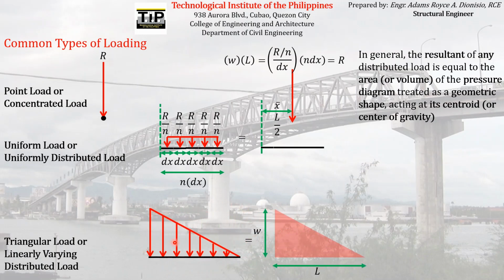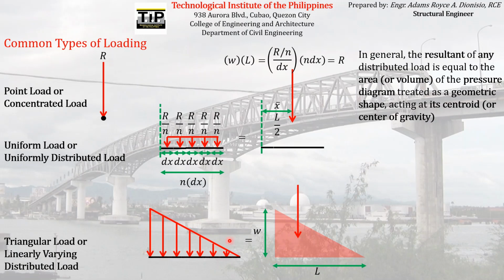So, instead of treating it as pressure diagram composed of several forces, treat na lang natin siya as a geometric shape. Now, nabuo nating concept is yung resultant daw nito equal lang dito sa area nito. Yung nabuo natin na geometric shape. And this geometric shape na nabuo natin is just a triangle. So, yung area ng triangle is just 1/2 base height.